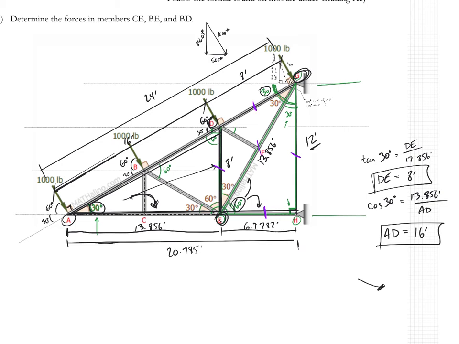I know this is 8 feet, and this is 8 feet because this is an equilateral triangle. That gives me these distances here. And because this 8 feet and this 8 feet and this unknown add up to 24, I know that this is 8 feet right here, so we can go ahead and mark that as a known.